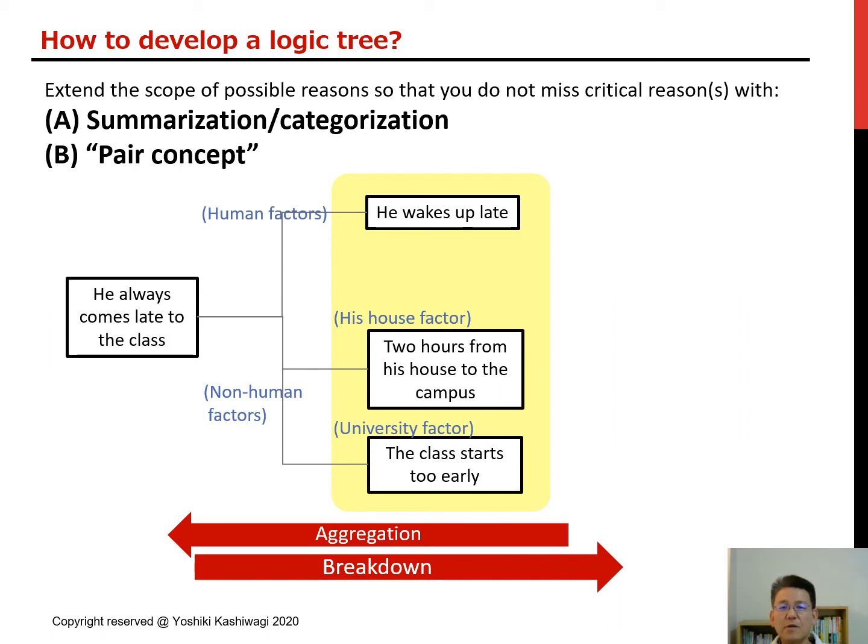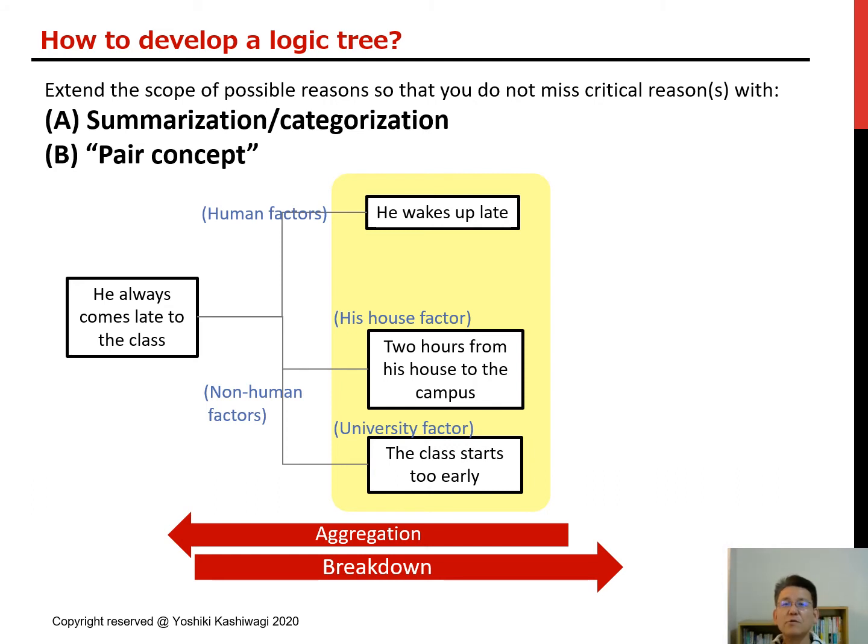Or you can start from a more conceptual or broad reason, from left-hand side to the right-hand side, by breaking down the reasons by asking why so, why so, why so? There are two ways to make a logic tree.